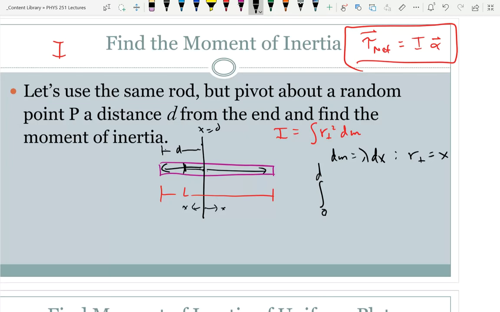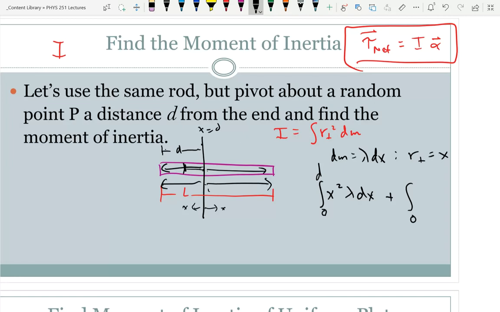And so I have R perpendicular squared, X squared, times lambda dx. But that's only counting this portion. So I have plus the integral from 0 to, what's the limit if I go this direction?